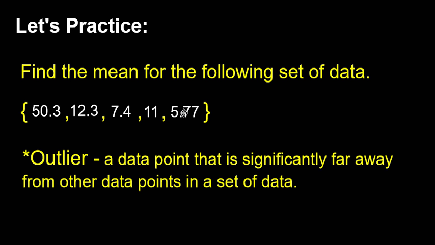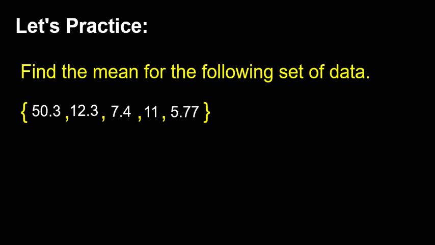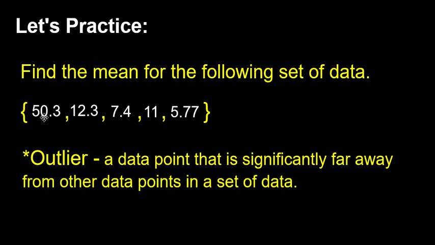So notice all the others are right around 10, 11. Some are a little bit lower than 10. We found on the previous page that our previous average was 8 3/10. And now we have this much larger value here.